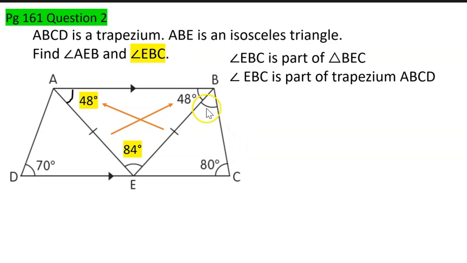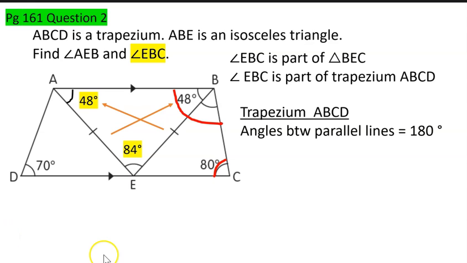In this case, it's angle ABC and angle ECB. We shall now focus our attention on trapezium ABCD to find the unknown angle. The sum of the angles ABC and angle DCB is 180 degrees because they are angles between parallel lines.